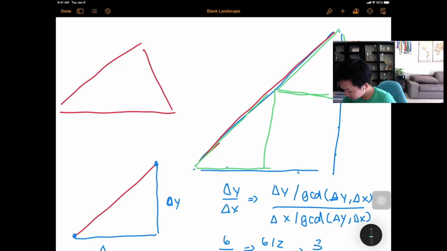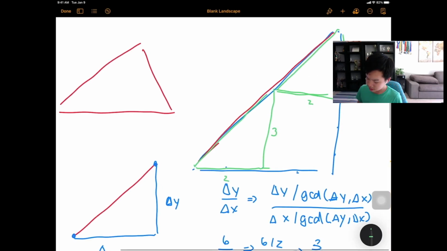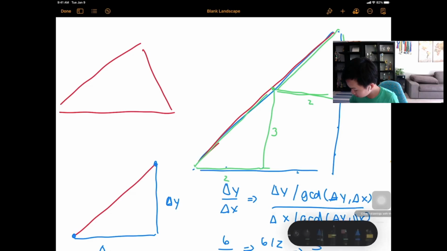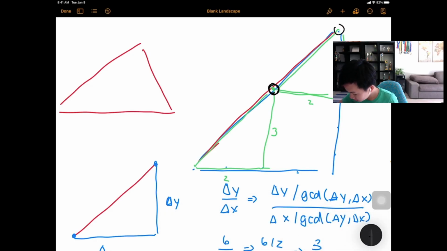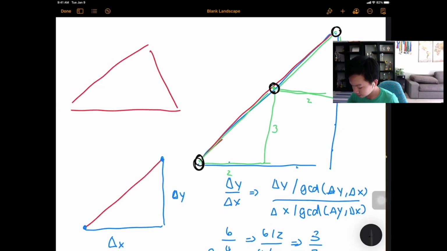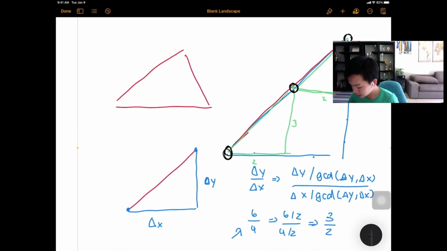This is not drawn to scale, but over here the length of this is 2, the length of this is 3, 2 and 3. So you can deduce that at this point this is going to be a lattice point. So it's actually black here. So this would count, and this would also count.